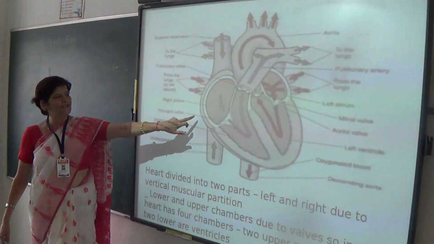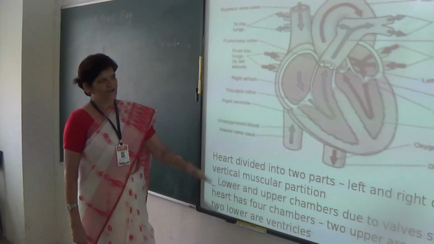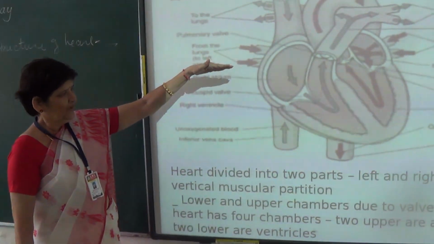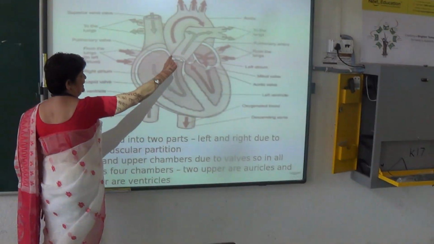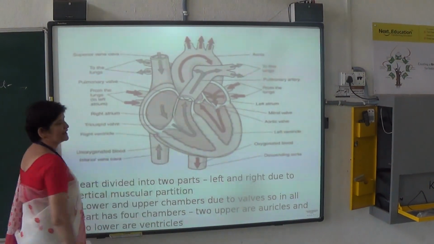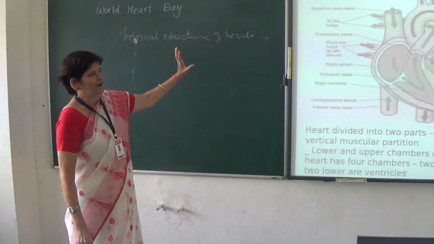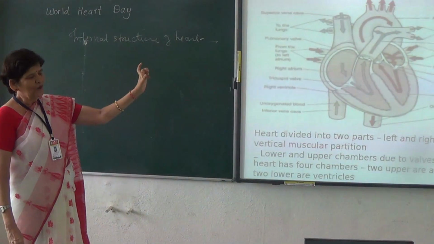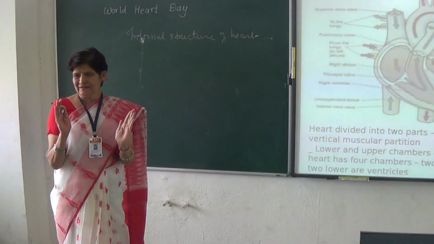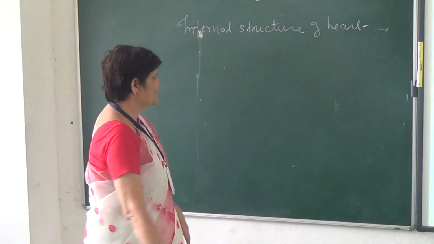I told you about these two membranes, pericardial membrane. Here you can see that the heart is divided due to this muscular partition, which is the part of heart that divides the heart into two equal parts, left and right.